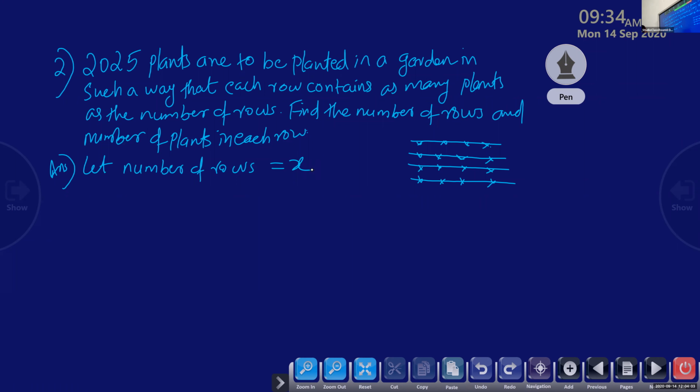Number of plants in each row is equal to the number of rows, which is x.